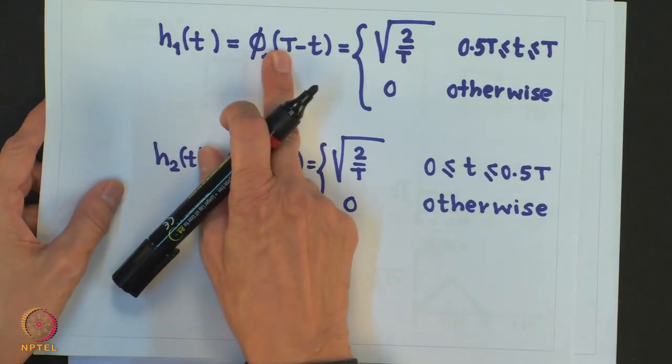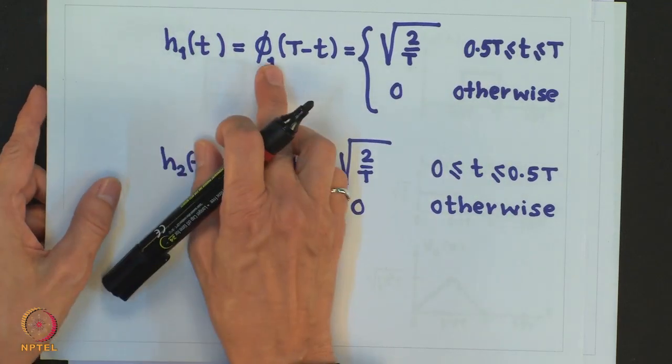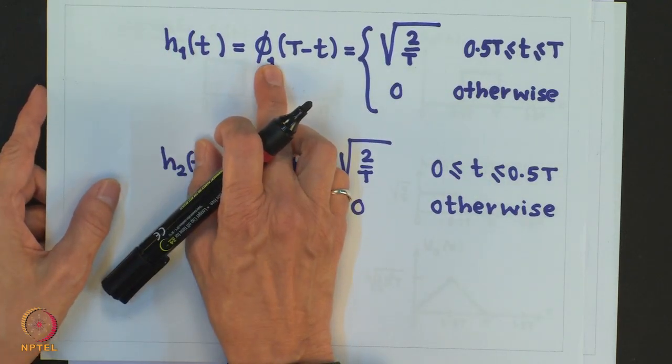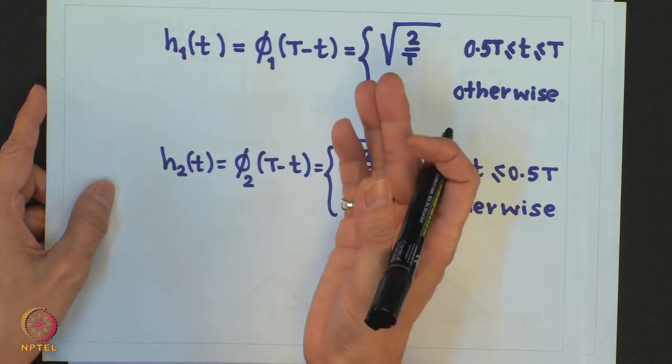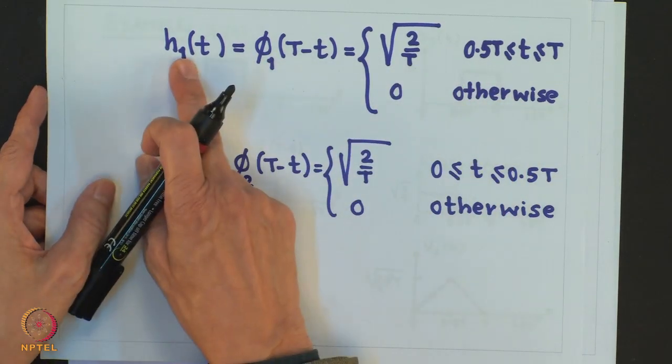Phi 1(T minus t) means I first reflect my phi 1 about the y axis, that means I take the mirror image and then shift that by capital T to get my h1(t).